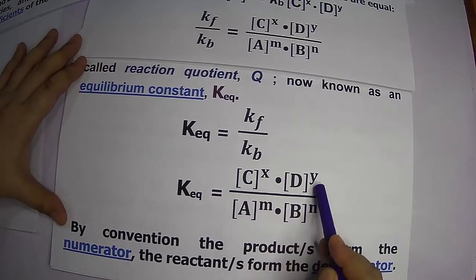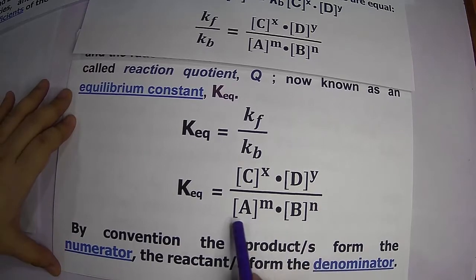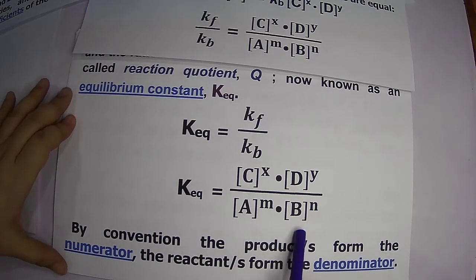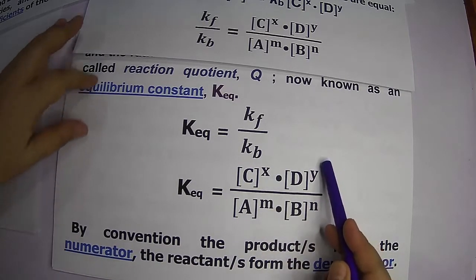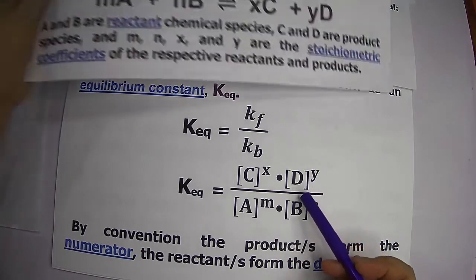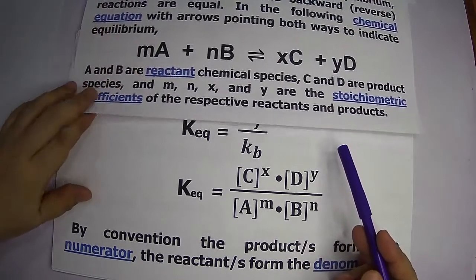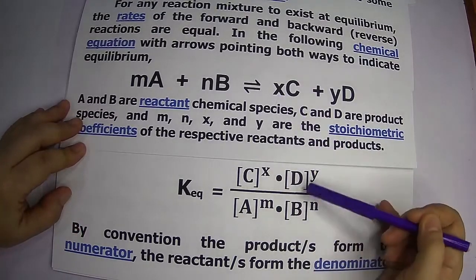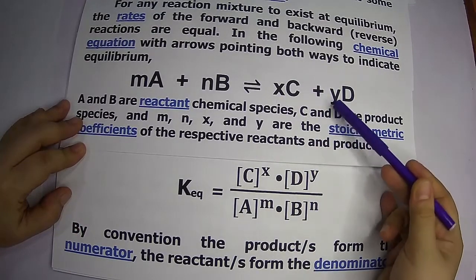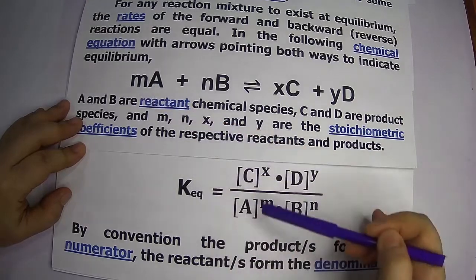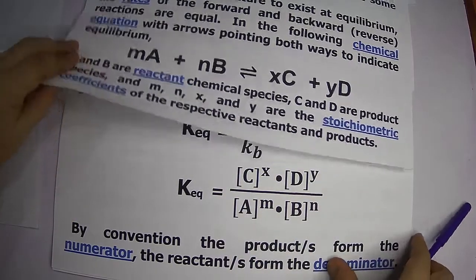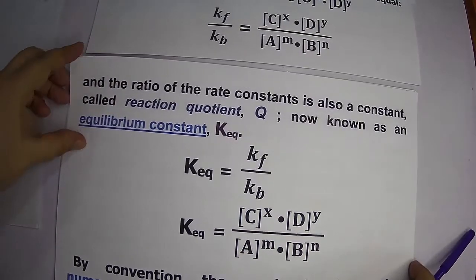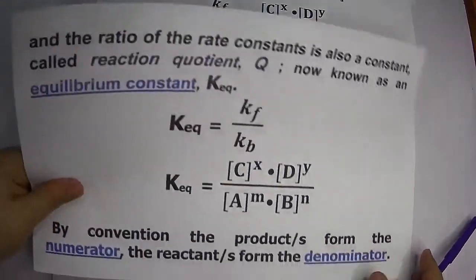So we have the products in the numerator and the reactants in the denominator, raised to their respective coefficients in the balanced equation. So in Keq, you have product C raised to X and product D raised to Y, over reactant A raised to M. Moving on.